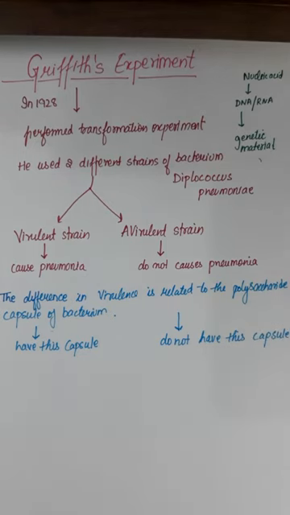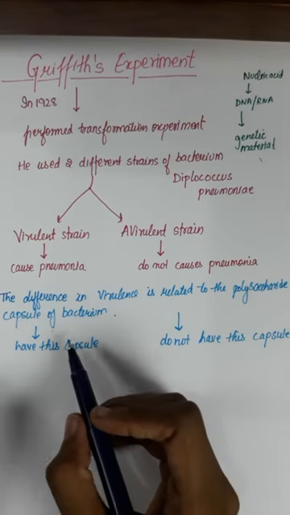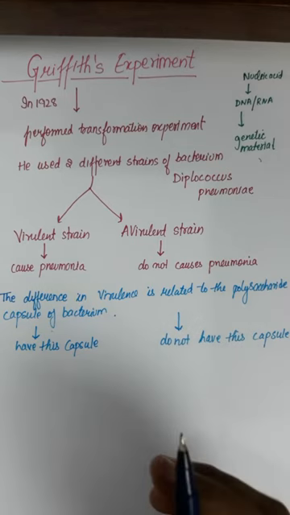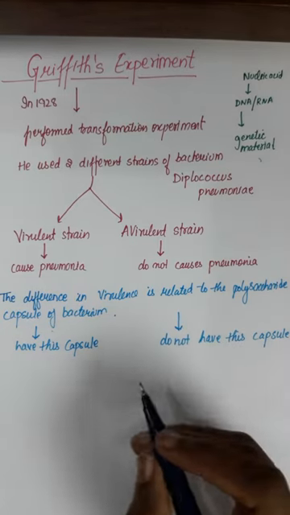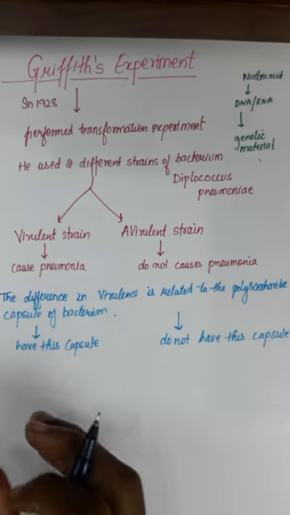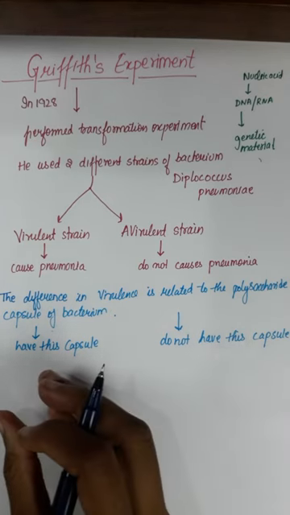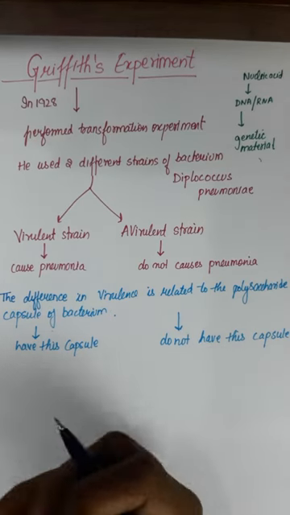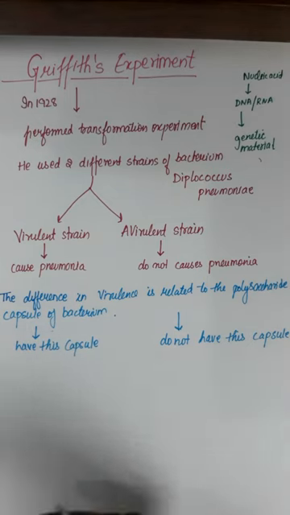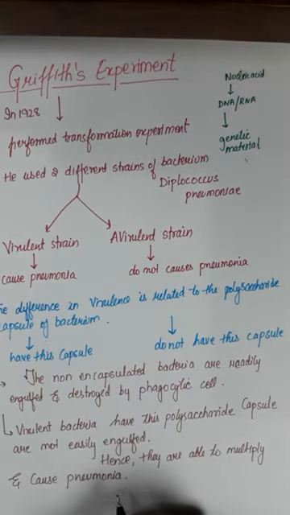Now, the non-encapsulated bacteria are readily engulfed and destroyed by phagocytic cells, and virulent bacteria which have this polysaccharide are not easily engulfed, hence they are able to multiply and cause pneumonia.